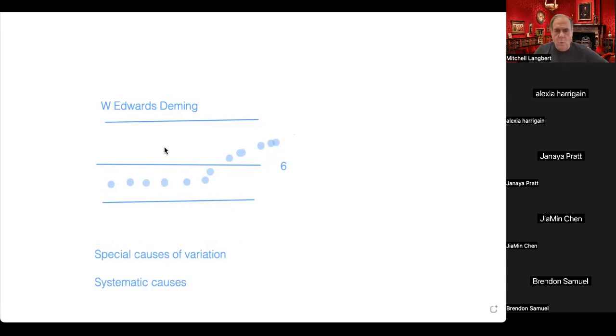Okay, now what would cause the special causes? Well, there are many reasons. For example, a machine might be malfunctioning, or you might be using different inputs.